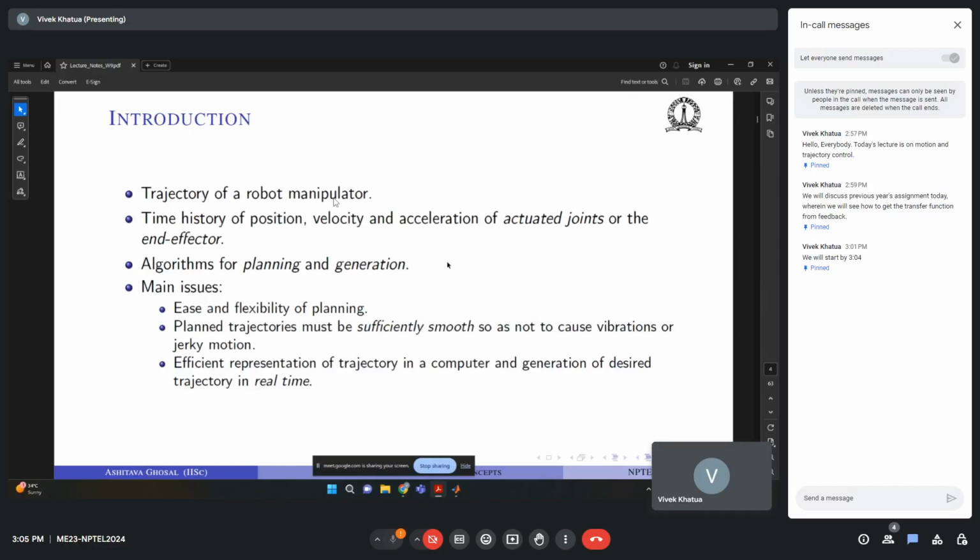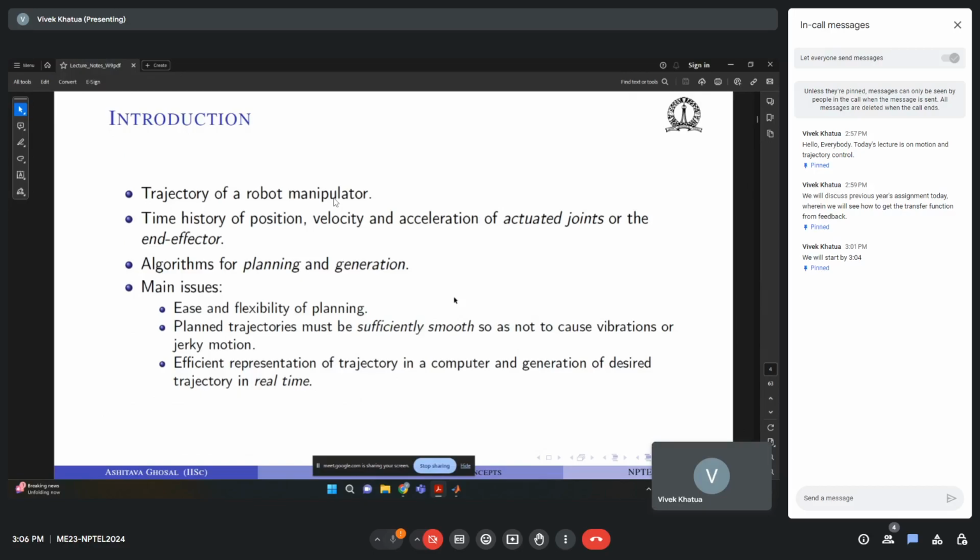The derivative of acceleration is jerk, and the derivative of jerk is snap, right? Although in manipulators, generally we stop at jerk. So what we are interested in is making a trajectory, and also following that trajectory.